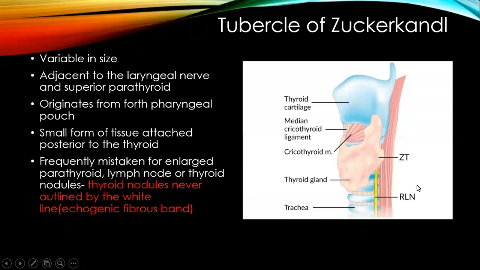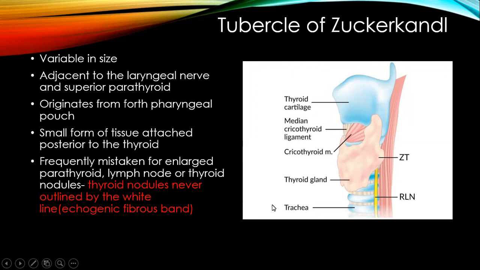So it is mostly mistaken for parathyroid, since it's posterior to the thyroid gland. It can also be mistaken for a lymph node, or for a thyroid nodule. But to distinguish it from a thyroid nodule, note that it has a white outline, which you will see in the coming images, the echogenic fibrous band.